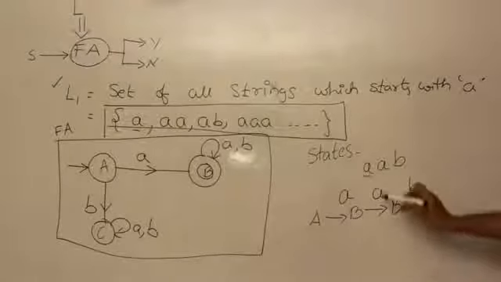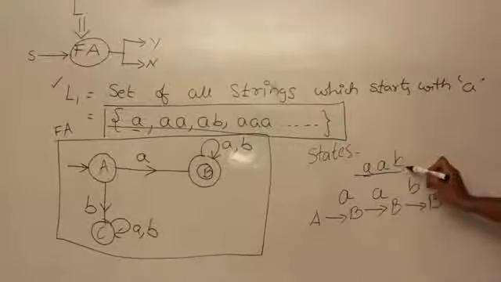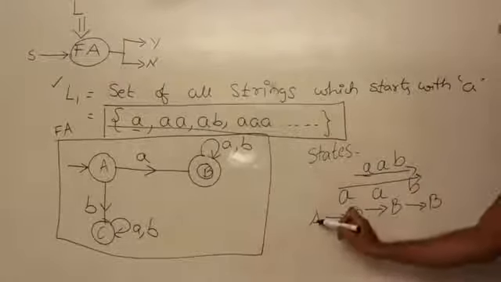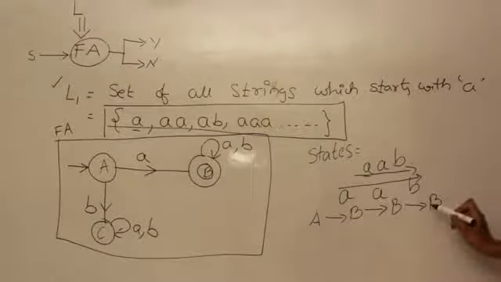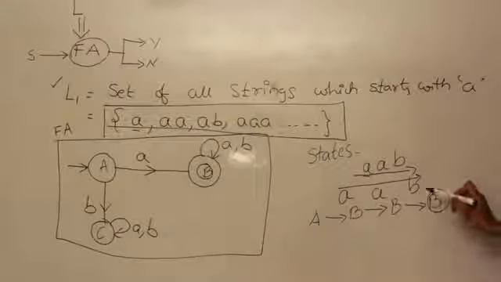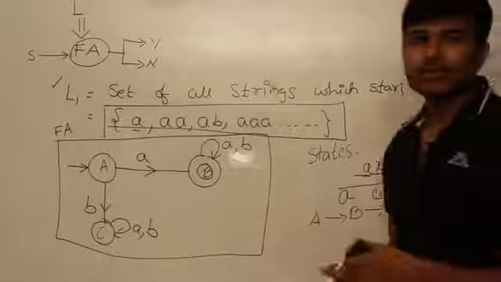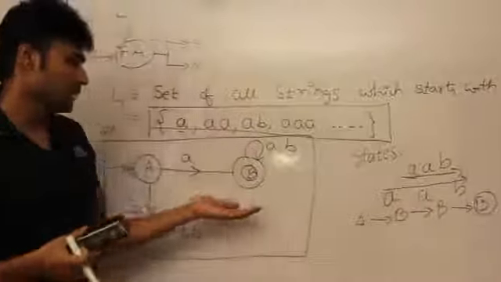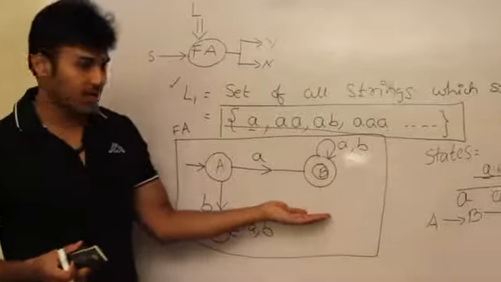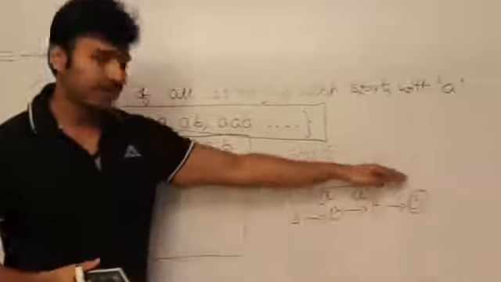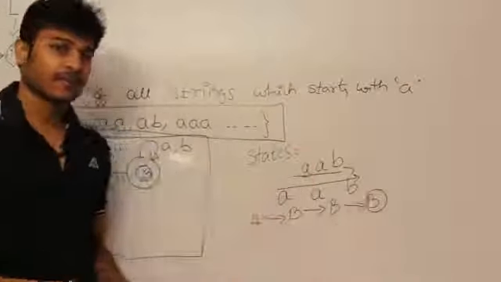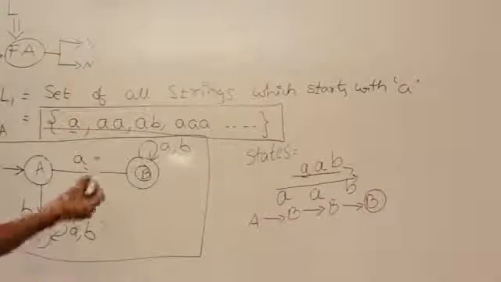Now see this: upon scanning the entire string, we started from the initial state and we are able to end up at the final state. So a string is said to be in the language, or accepted by the finite automata, if upon scanning the entire string we reach from the initial state to a final state. So this string is said to be accepted.